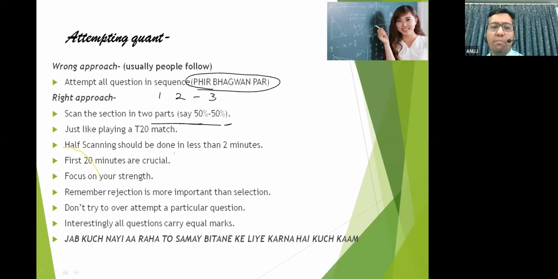You have to make sure that the scanning is done in such a way that you should be able to identify where the simple question is lying, where the difficult question is lying. Please remember that 2 minutes spent on scanning is extremely important. And that gives you an idea how the paper is or how the paper will work in the future for you, right? And the first 20 minutes of the paper are really, really crucial.